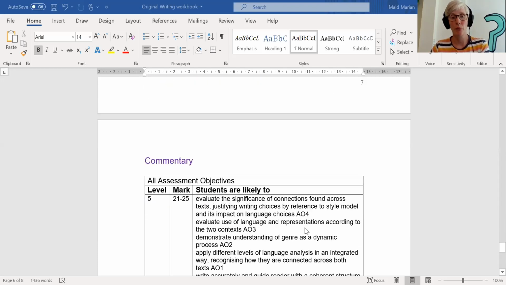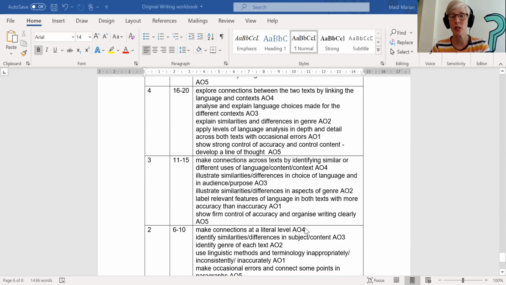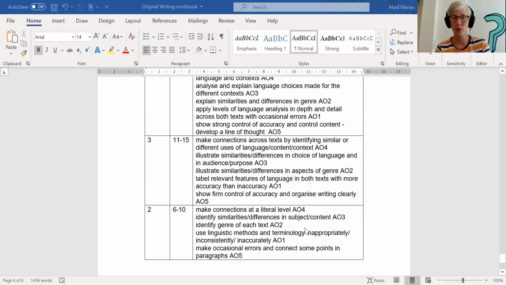And then just to show you the mark scheme, we'll look at level 3, because that's the most straightforward one. You make connections across the texts, that is, your piece of writing and the style model, identifying similar and different uses of language, content, and context. Context is the audience, most obviously.